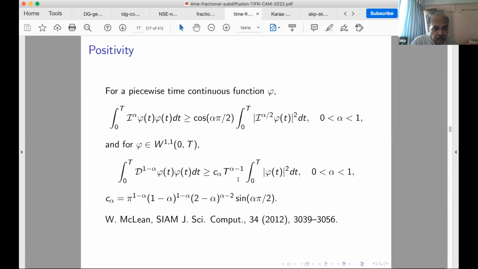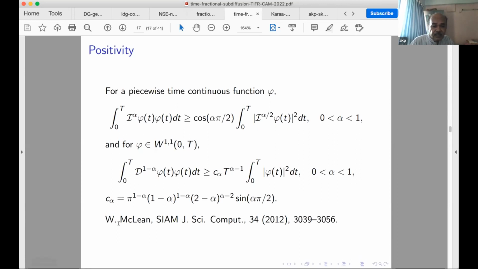But with the second one, unfortunately, C alpha will blow up when alpha goes to 1. So if you are looking for a uniform estimate for your differential equation, valid uniformly for all alpha, alpha going to 1 plus, then you should not use this. Okay.